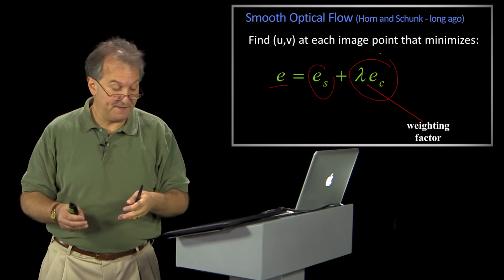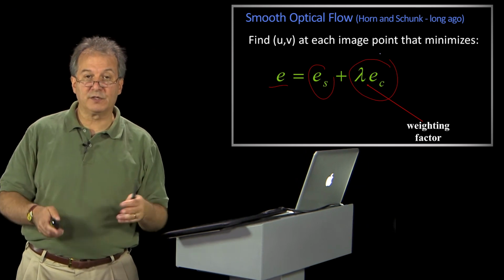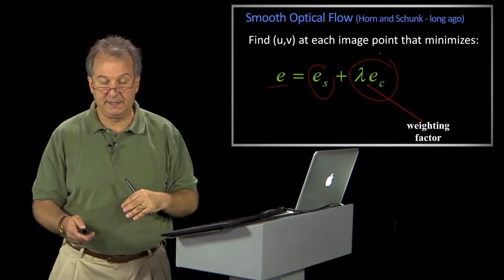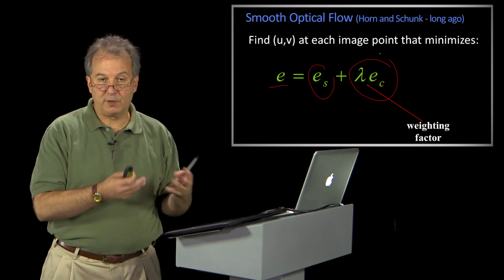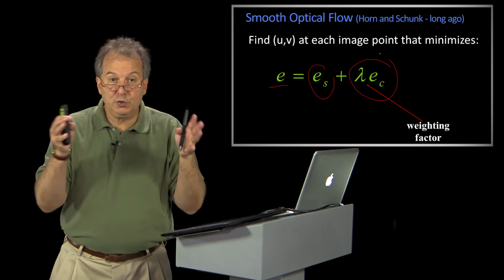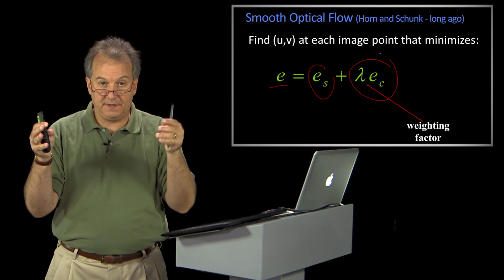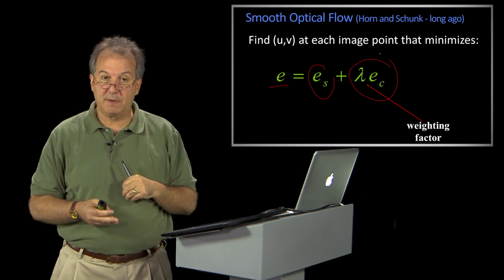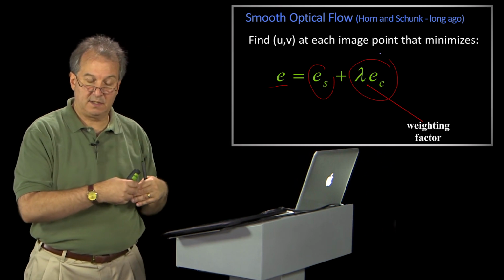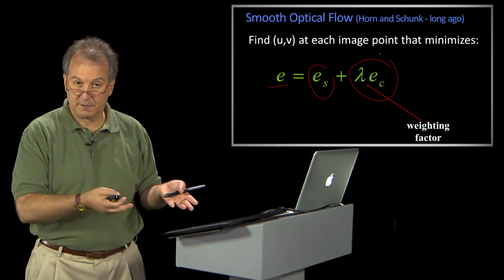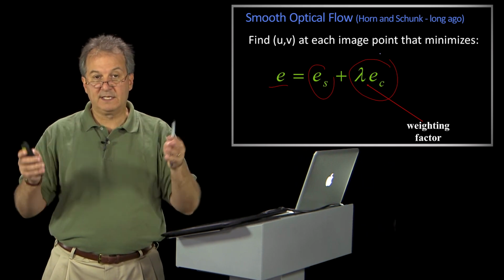The smaller the weighting factor, the more the smoothness term dominates. What value it should have is a function of how much noise there is and how smooth you believe the entire thing is. This was part of a general variational approach, where you solve for u, v as a function of x, y. That is, you find the optic flow u and v for every pixel that tries to minimize this error. It's somewhat painful to implement systems that can solve for that, not impossible. But the idea is that you have a global constraint, the smoothness constraint, to help solve your problem.